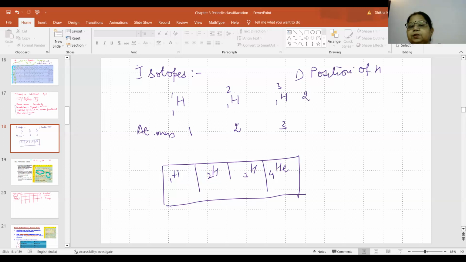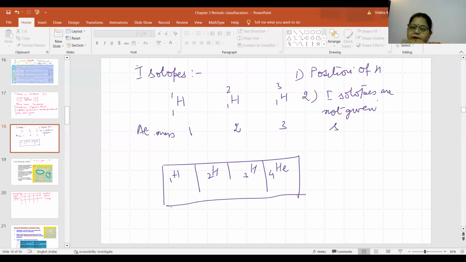Now the second point, isotopes are not given separate places. We should have hydrogen at 3 places. We know oxygen has 2 isotopes at least, O16 and O18. O17 is also there. Chlorine has 35 and 37.